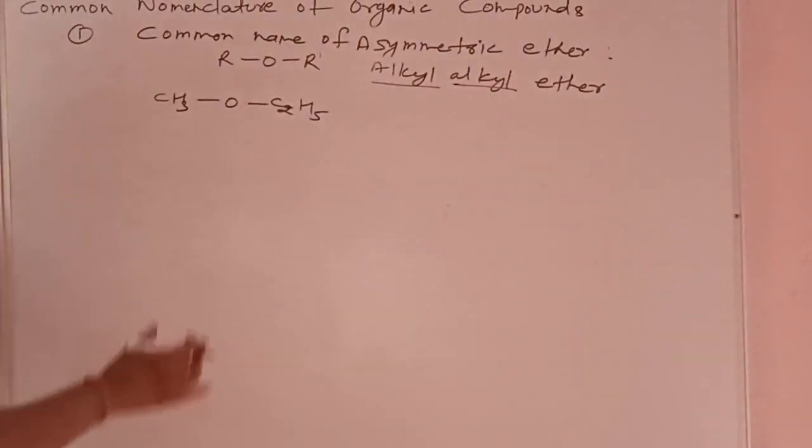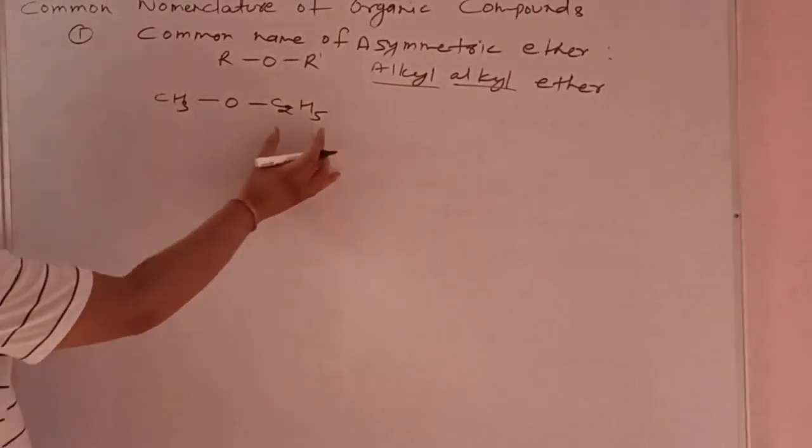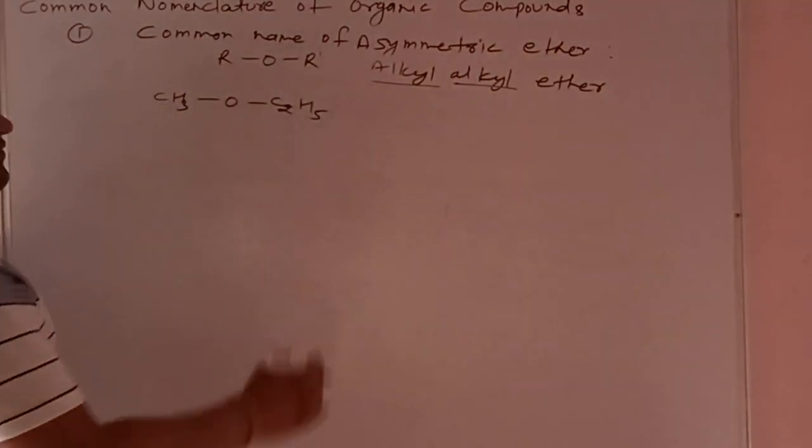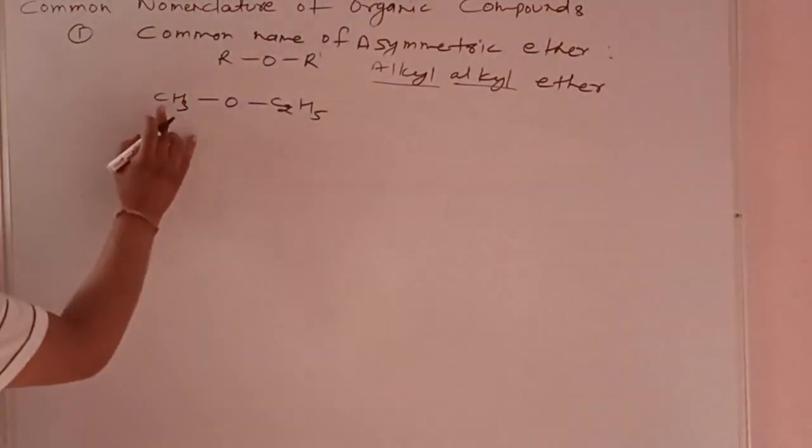CH3OC2H5. This group is methyl and this group is ethyl. So this is an example of asymmetric ether.